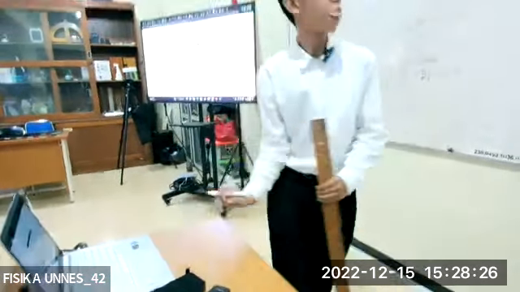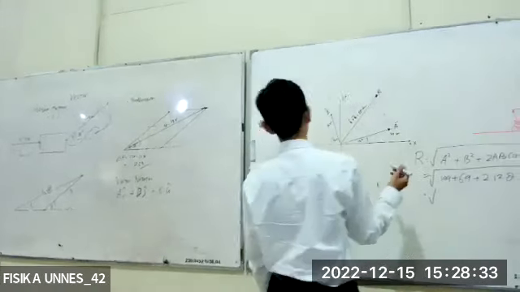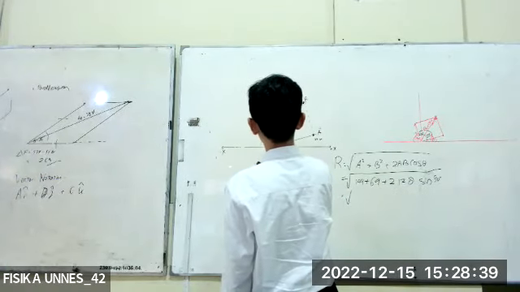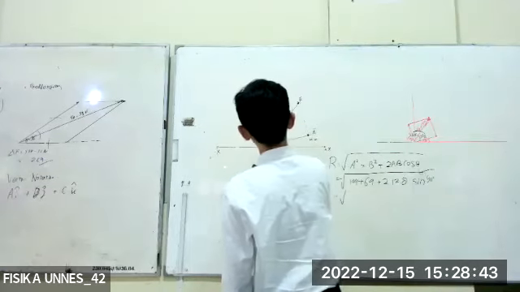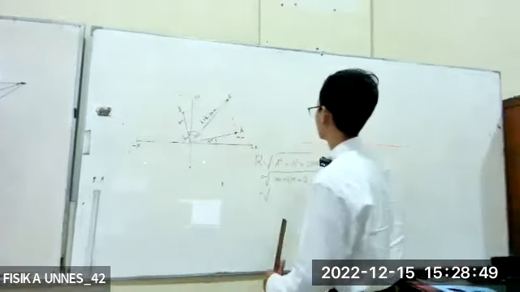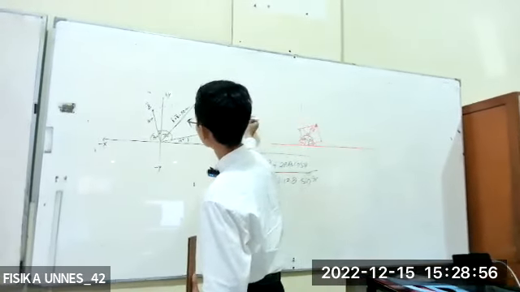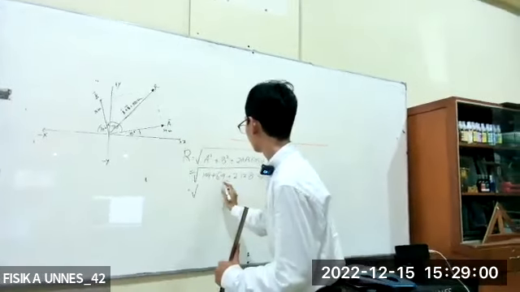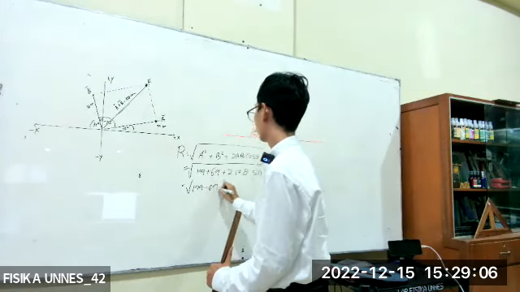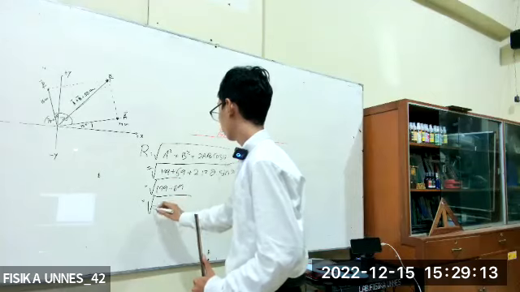Cosine of alpha. It's 15. Okay, so it should be 108.